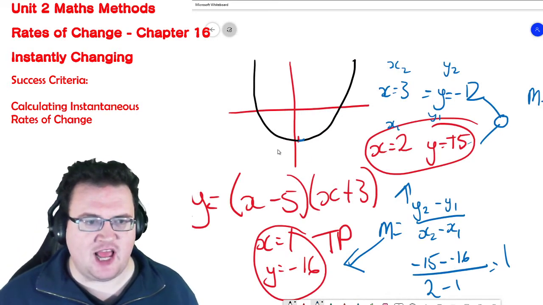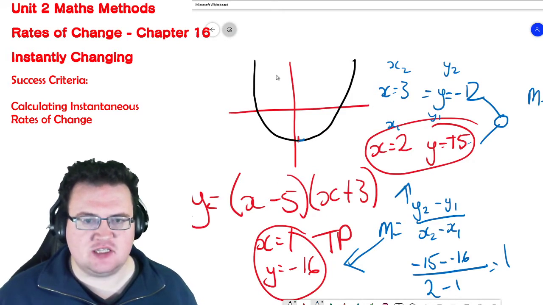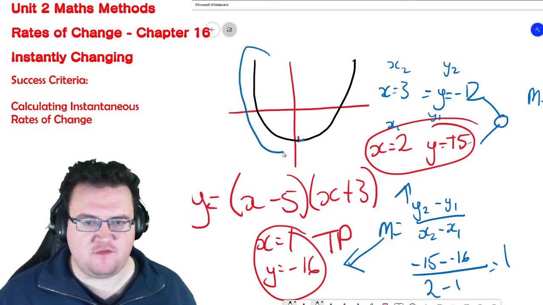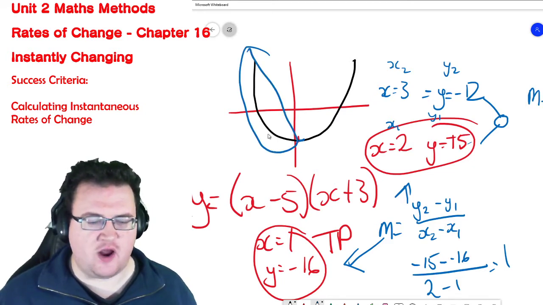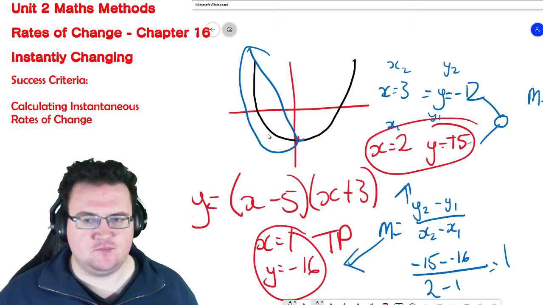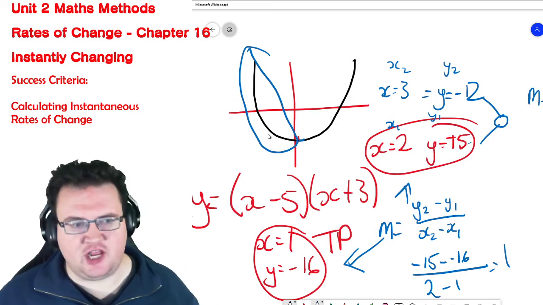Now, does anyone want to hazard a guess at what the gradient is if I go the other way? So this entire part of the graph, what's the gradient there going to be? Is it going to be positive or negative?